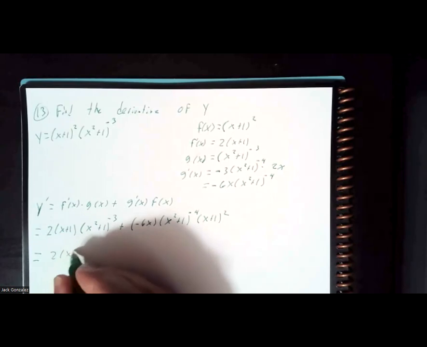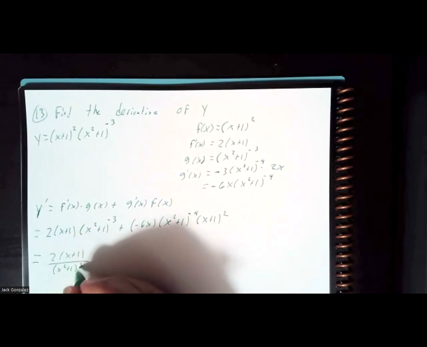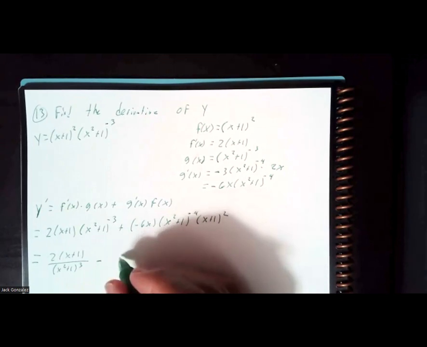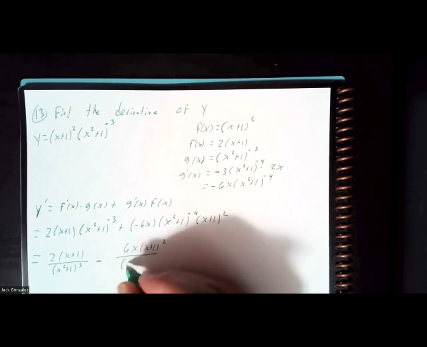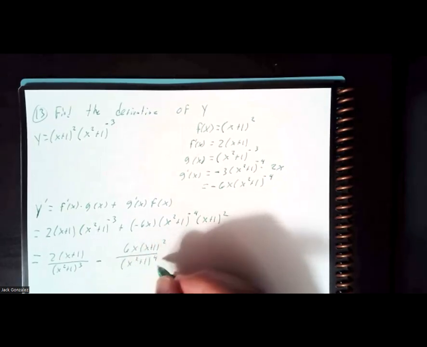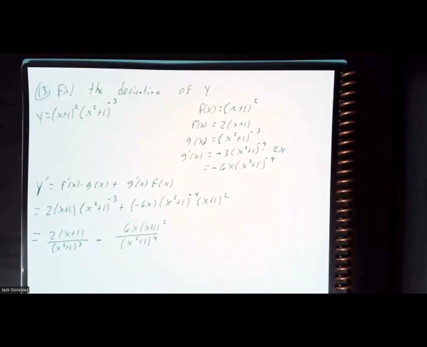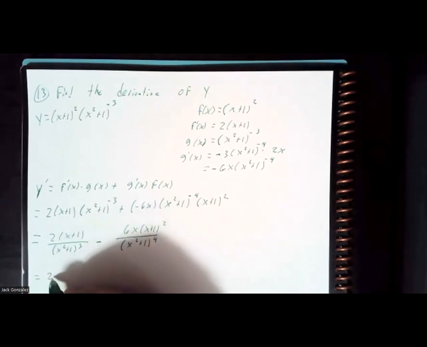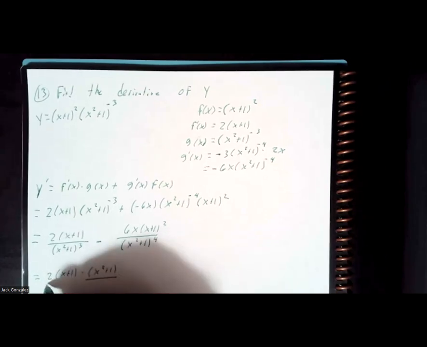So it'll be (2x plus 1) over (x squared plus 1) cubed, minus 6x times (x plus 1) squared over (x squared plus 1) to the 4th. Combine your fractions. So this one needs an LCD of (x squared plus 1) to the 4th.